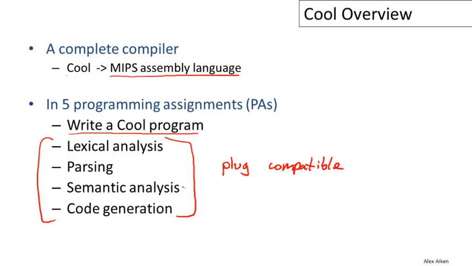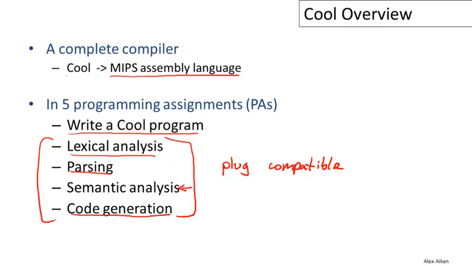And so, for example, when you are working on semantic analysis, you'll be able to take the lexical analysis, parsing, and code generation components from the reference compiler and plug your semantic analysis into that framework and test it against the reference components. And so this way, if you have trouble with one component, or aren't sure that one of your components is working very well, you won't have a problem in working on a different component because you'll be able to test that independently.